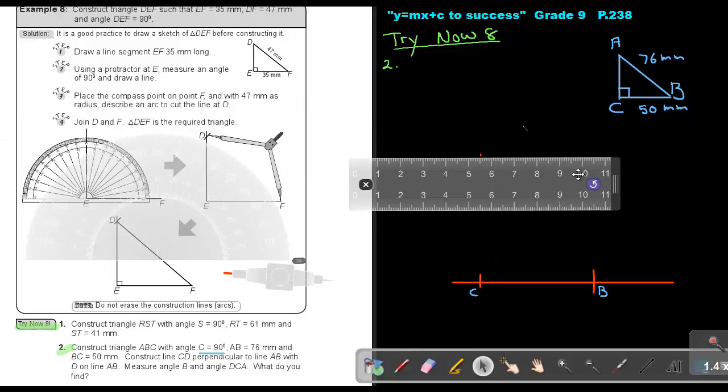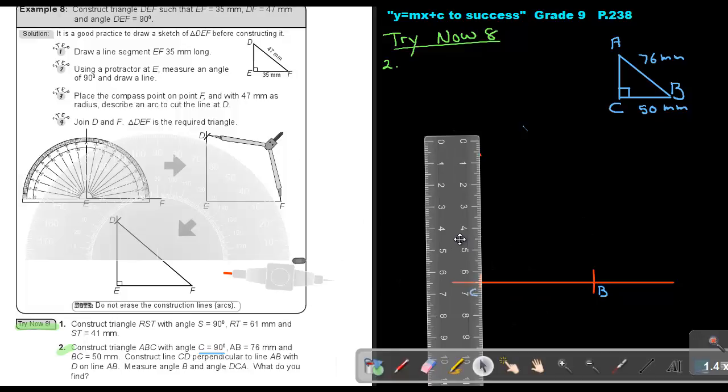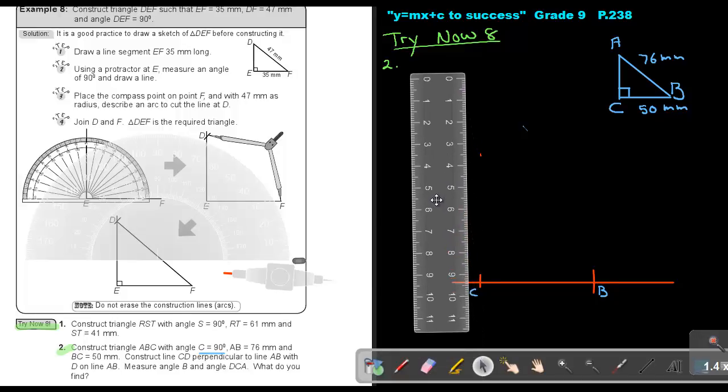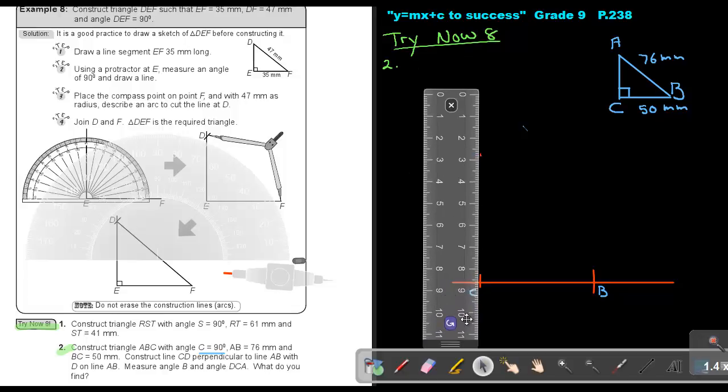Then use your ruler and put it on that mark and on this mark here. You have to move it until it's correct. Then just make a line there. Make it a little bit longer, otherwise you may have to extend it later.